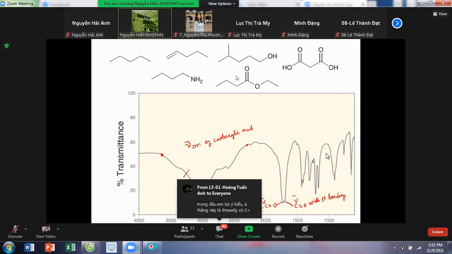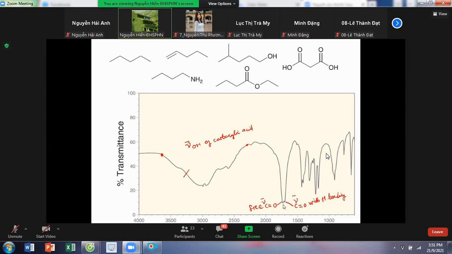Yeah, it's okay, doesn't matter. So in this case we have two signals for two kinds of carbonyl. In this case, actually the two carbonyls are the same, but sometimes one carbonyl is free, and sometimes it becomes a little bit weaker by hydrogen bonding. So you have to see two signals in this range.